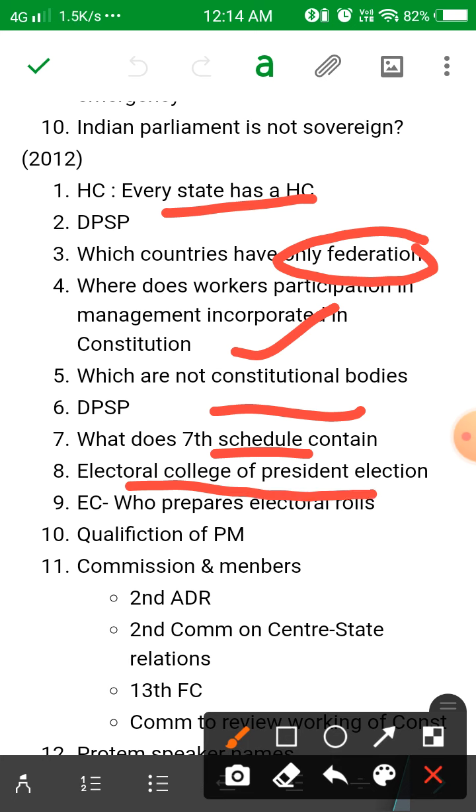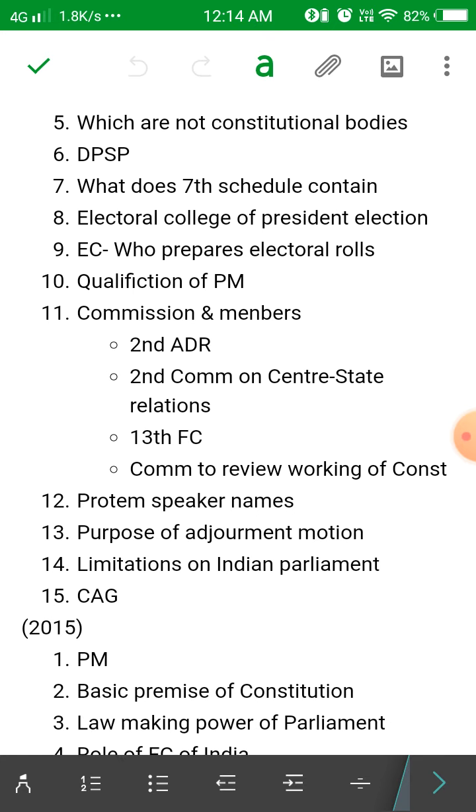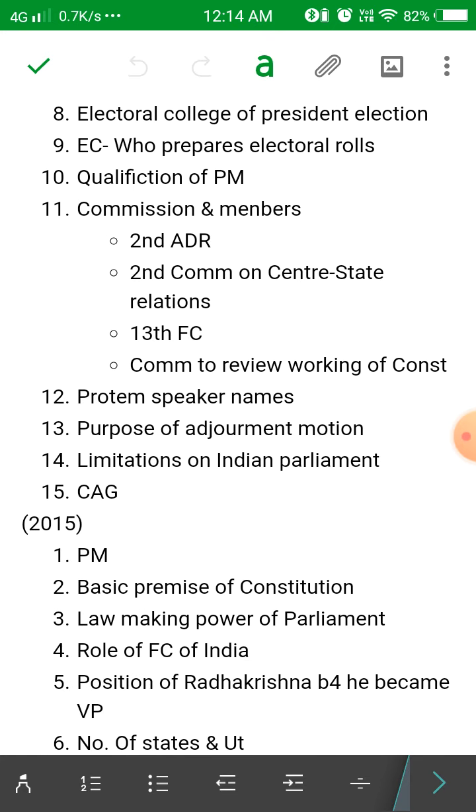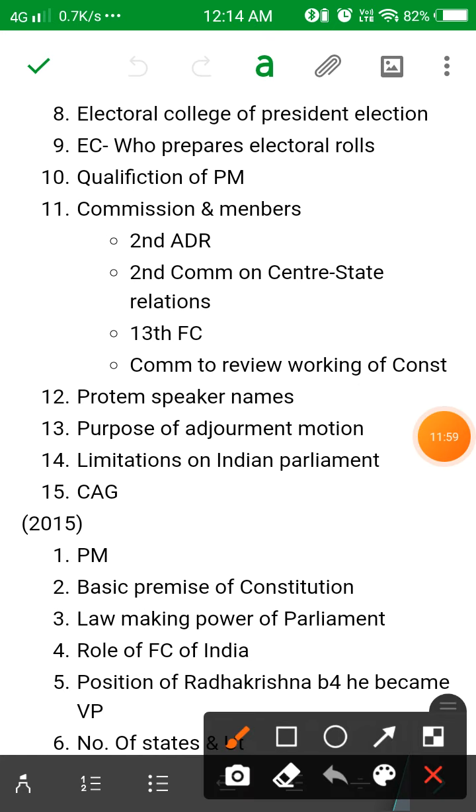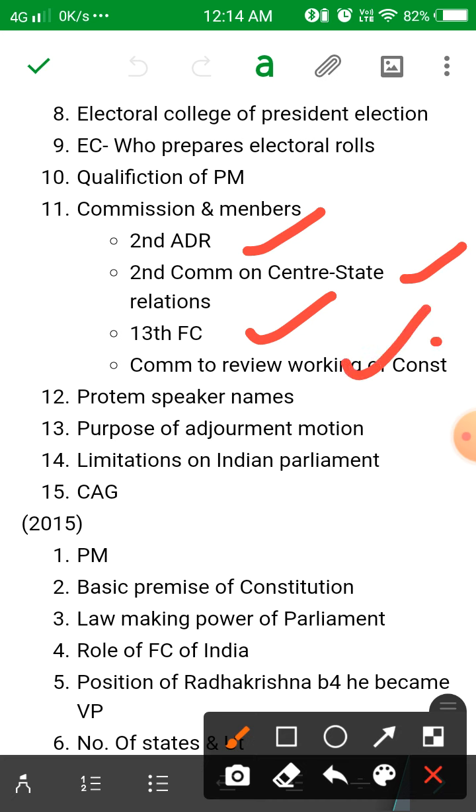So next we have a question with respect to election commission, qualification of a prime minister, though there are no qualifications. And next something related to commission and the members, that is who headed this commission. Second ARC, Administrative Reforms Commission, Central and State Relation Commission, Finance Commission, Commission with respect to review of working of the constitution.